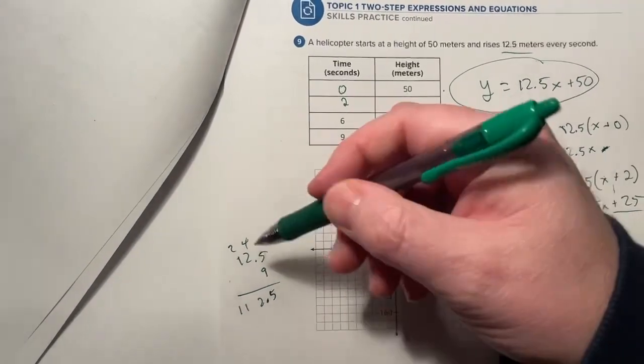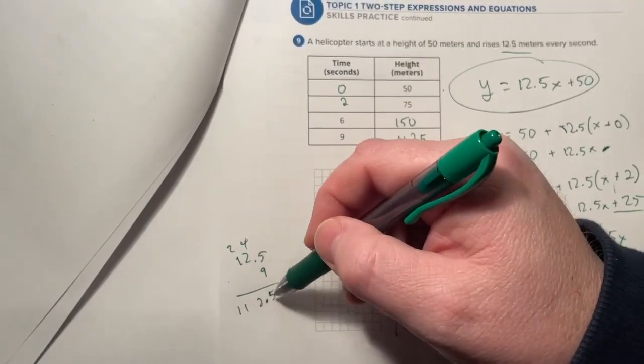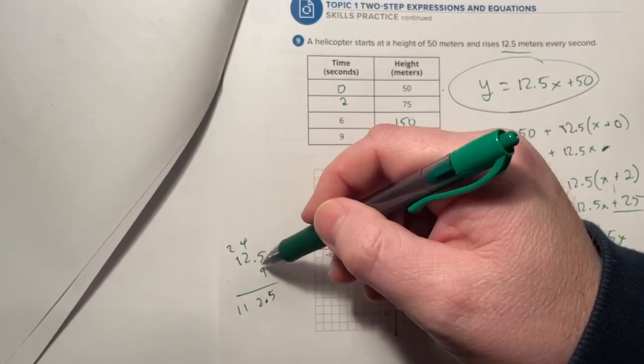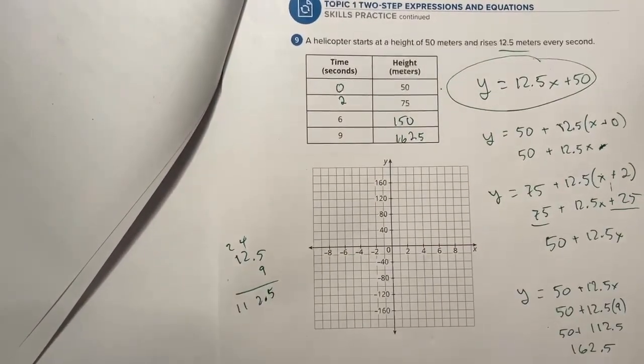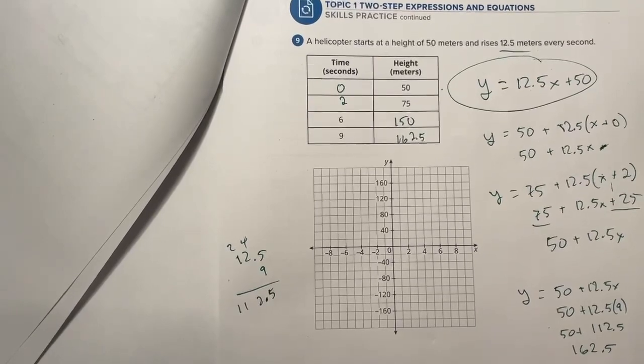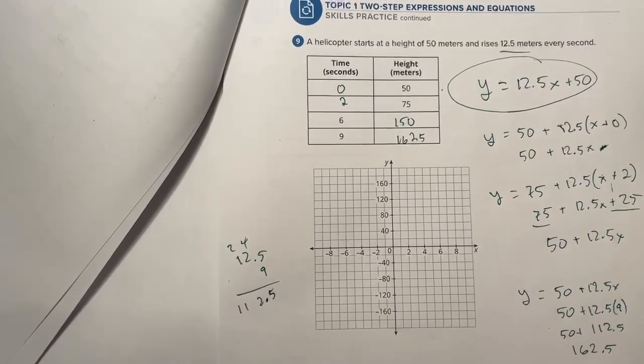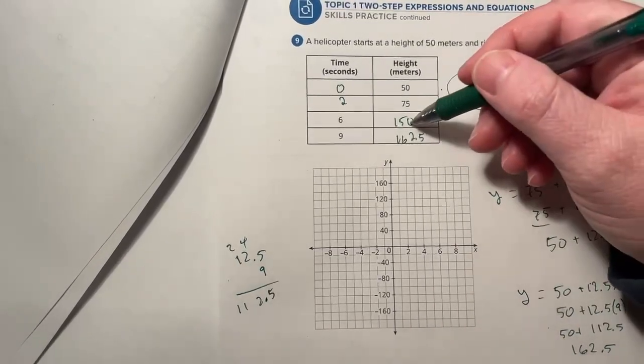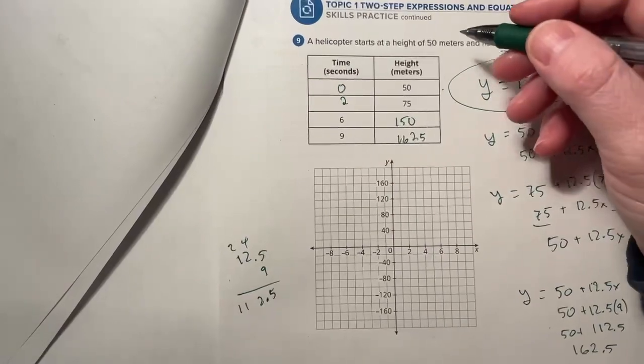So let's see. 9 times 5 is 45. 9 times 2 is 22. 9 times 1 is 11. And then I add 50, and 9 is 3 seconds. This number must be wrong. Let's check that one out.